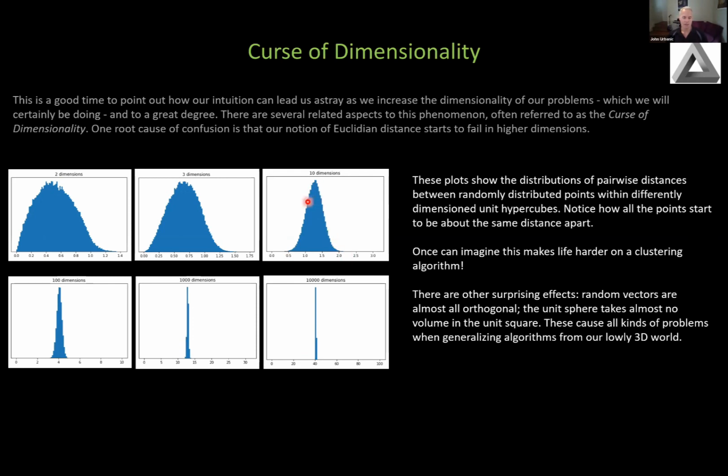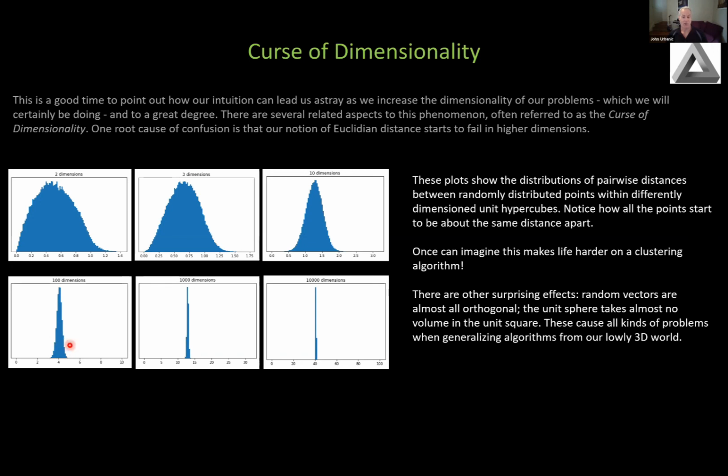Okay, that's interesting. Well, what's really interesting, we keep following this trend, and we find out that, for example, in 100 dimensions, our bell curve looks like this. It's very peaked. Almost all of the randomly distributed points in our space are about 4 meters apart in 100 dimensions. There's almost none that are, say, 2 meters apart, or 6 meters apart, even though they could be. So what does that tell us?